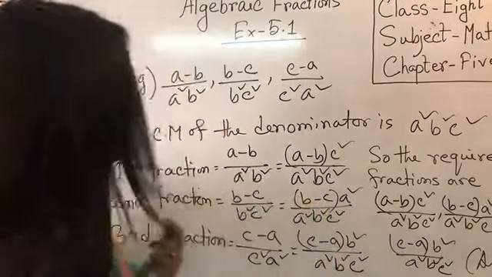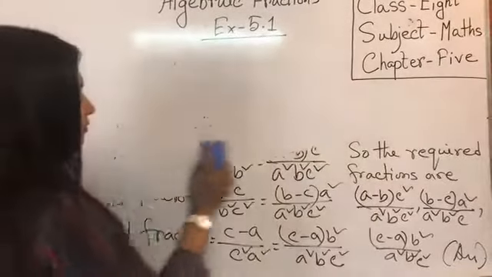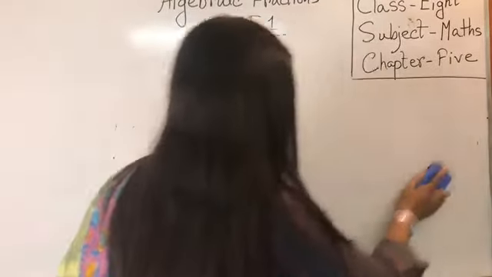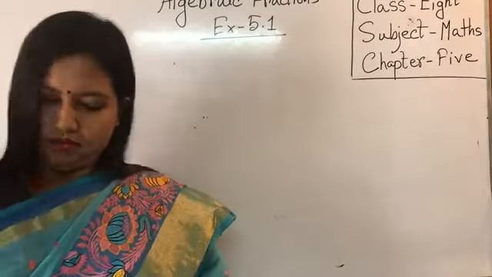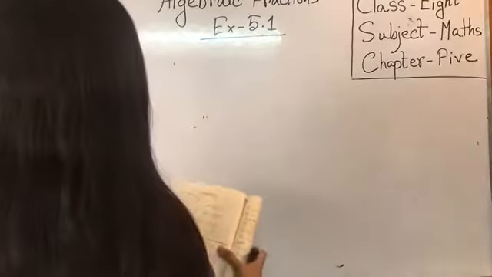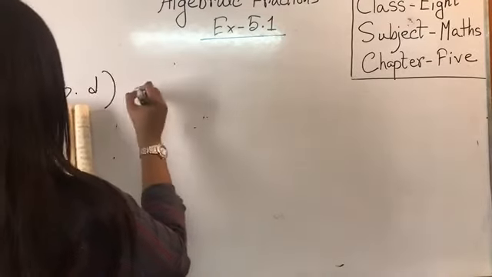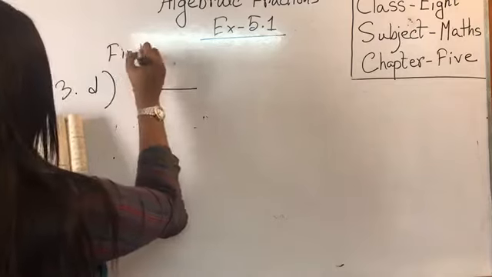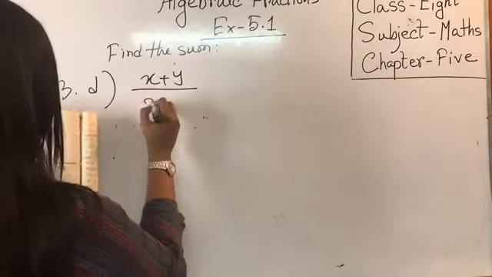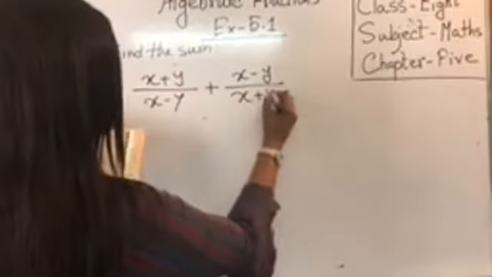Number 3D, find the sum: (x plus y) over (x minus y) plus (x minus y) over (x plus y).